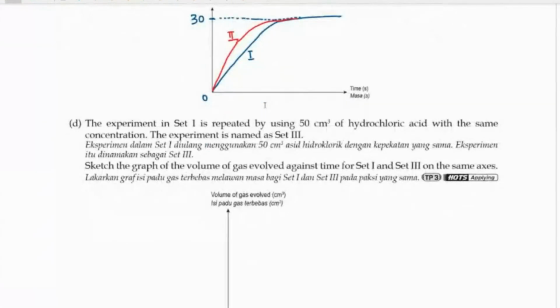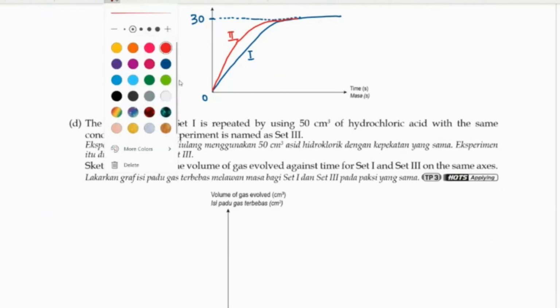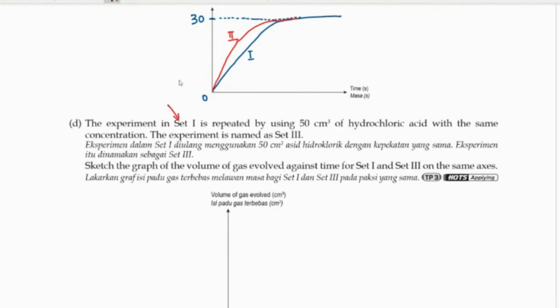Now we look into D. The experiment in set 1 is repeated by using 50 cubic centimeter of hydrochloric acid with the same concentration. This experiment is named set 3. Set 1 initially is 25 cubic centimeter, 0.1 mole per cubic decimeter.